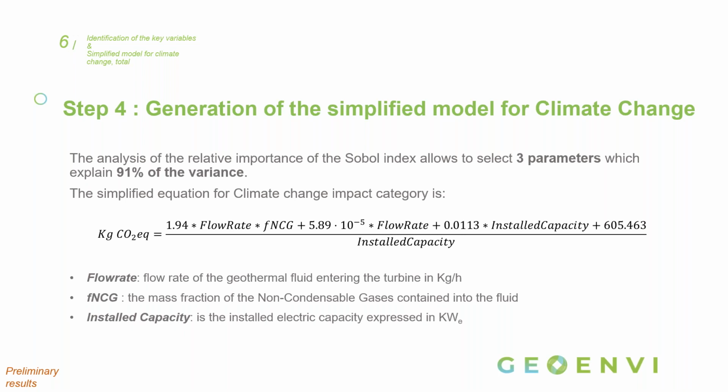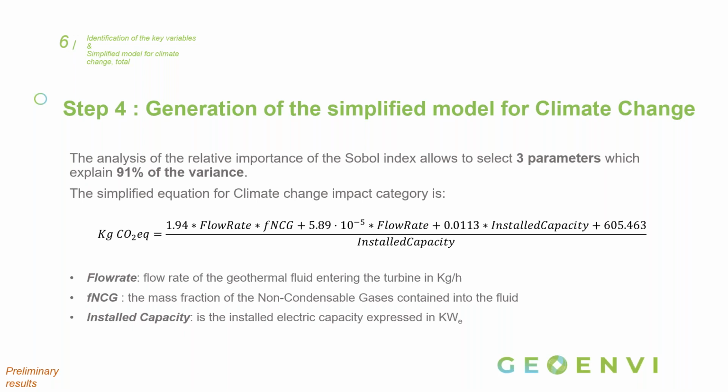The parameters that are taken into consideration are the flow rate, so the geothermal flow rate of the fluid that is going into the turbine expressed in kilograms per hour, the mass fraction of the non-condensable gas of the geothermal fluid, of course, and the installed capacity of the power plant, which is expressed here in kilowatt hour.